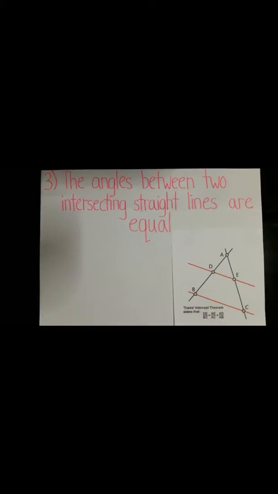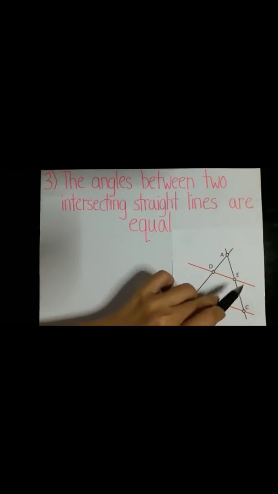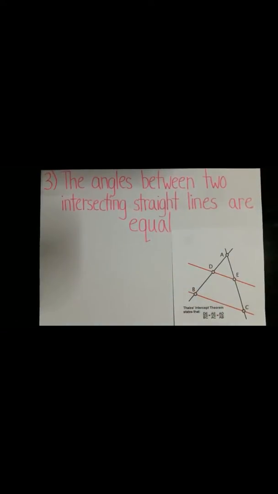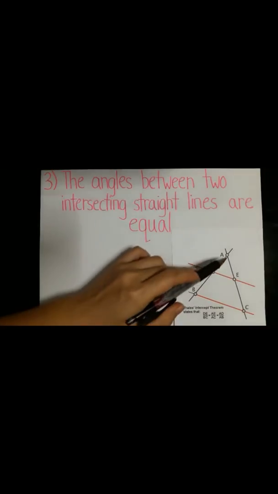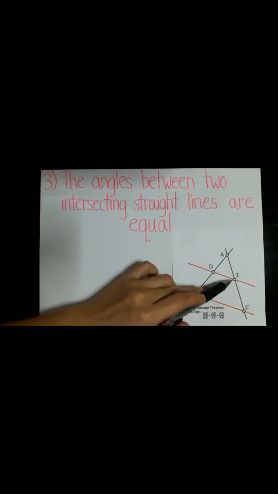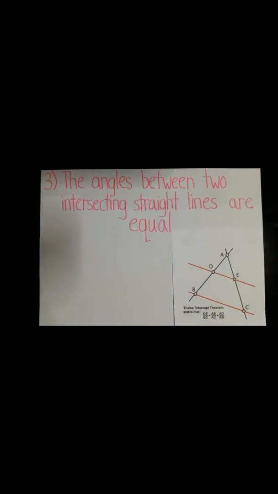Okay, so DE, which is right here, is proportionate to BC. Then AE, right here, is proportionate to AC.